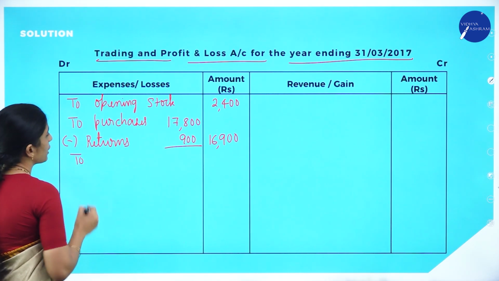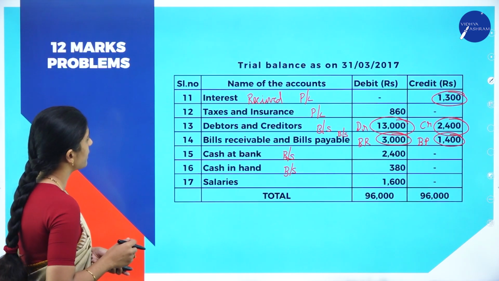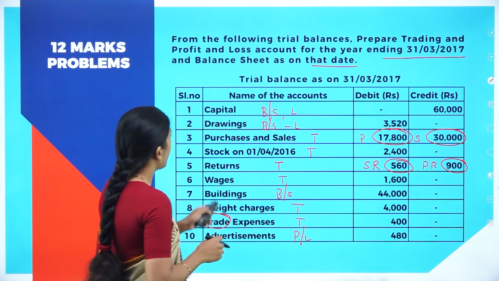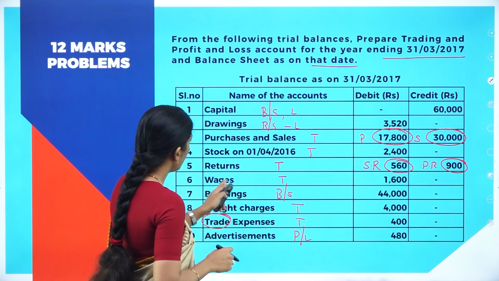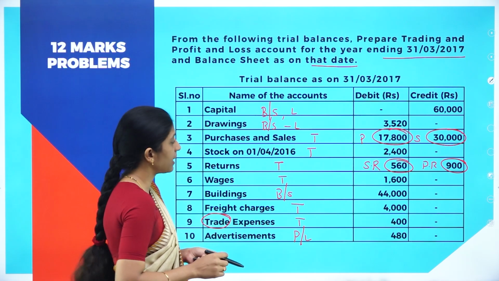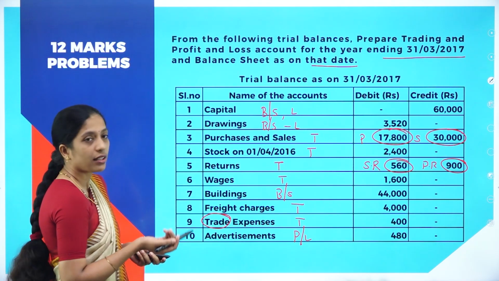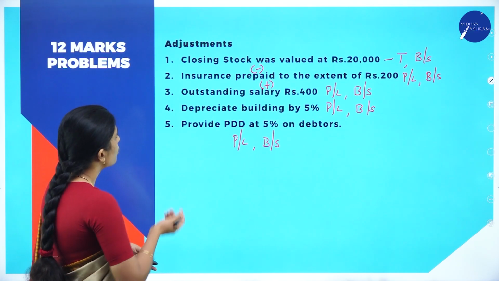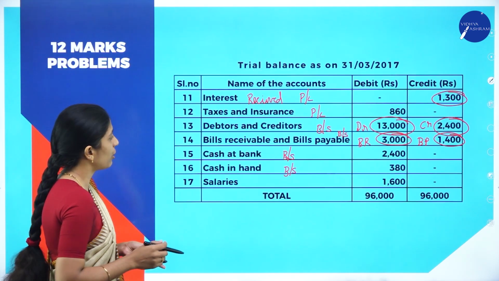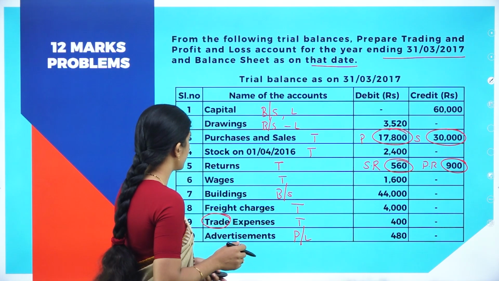Next, to direct expenses. Let us see what direct expenses they have given. Yes, we have wages 1,600. Let us see anything relating to wages. There is no adjustment on wages, so the wages amount is 1,600.